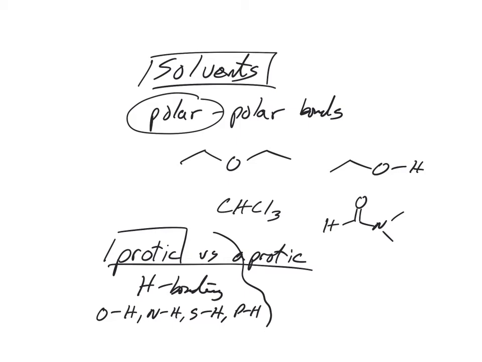So SN1, E1 prefer these polar protic solvents. You can imagine the OH, NH, SH, and PH don't really mix well with E2 and SN2 because those have really reactive bases and nucleophiles. So things with a negative charge might react with a polar OH, NH, SH, or PH.